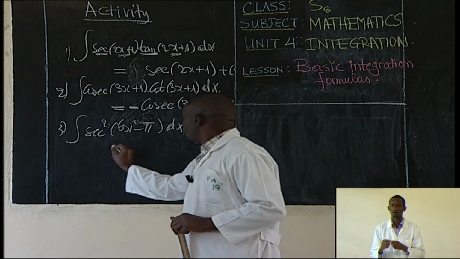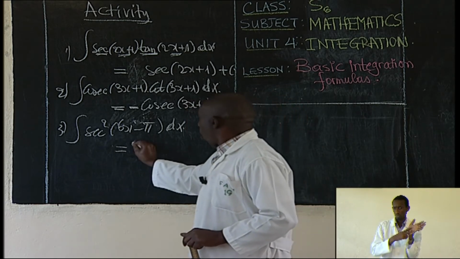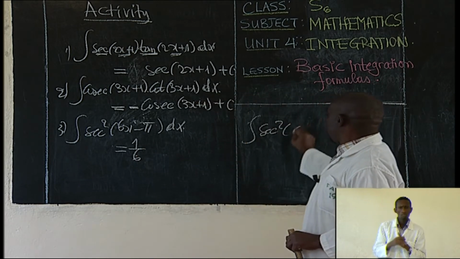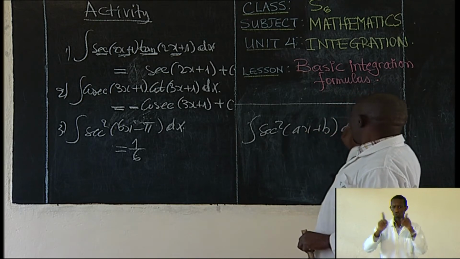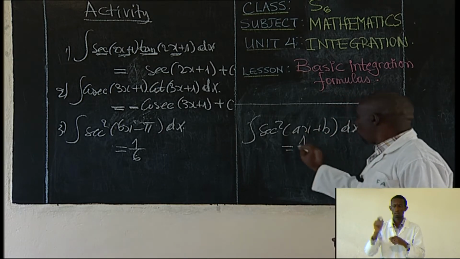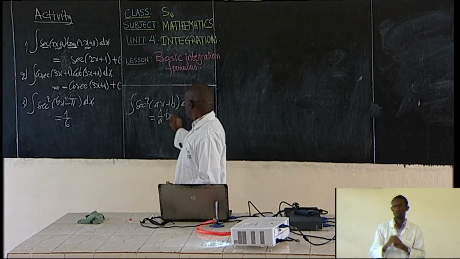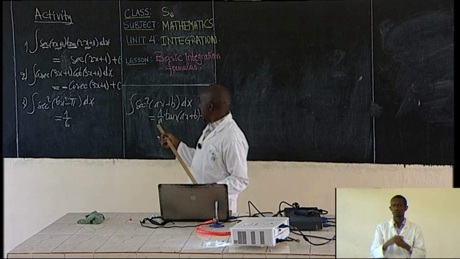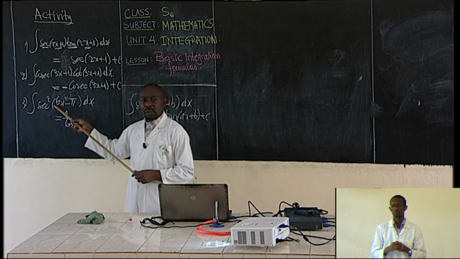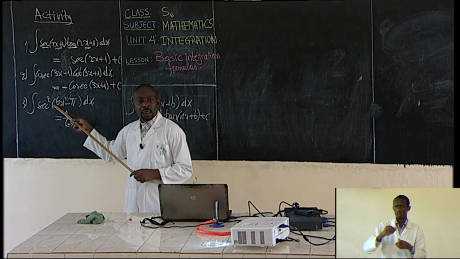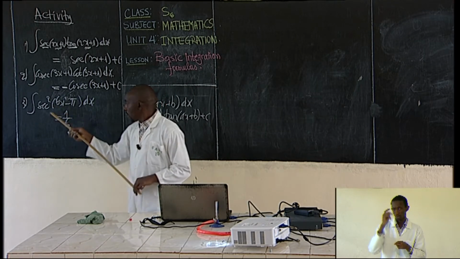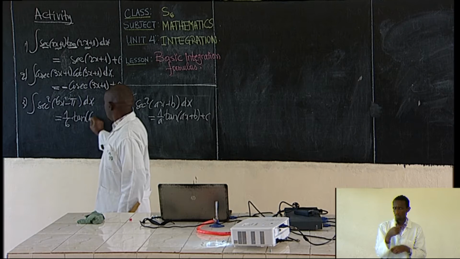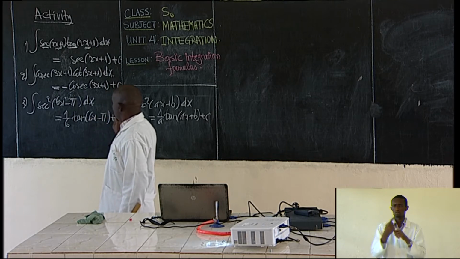Means that this is equal to 1 over 6, because remember that integral of sec squared of ax plus b dx is equal to 1 over a, right? Tangent of ax plus b, then plus c. For me, a is the coefficient of x. Understand x as the variable of integration. Means that I'll be having 1 over 6 tangent of 6x minus pi plus c.